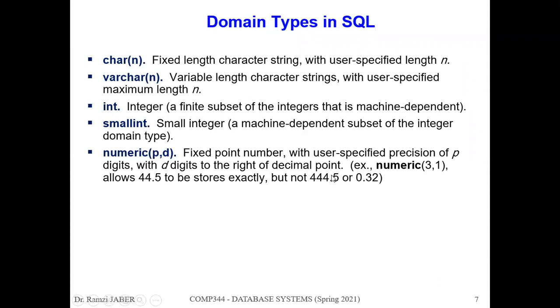In Python and other high level languages, if we write numeric 3,1, they reserve 3 digits in the quotient part and 1 digit for the decimal part.